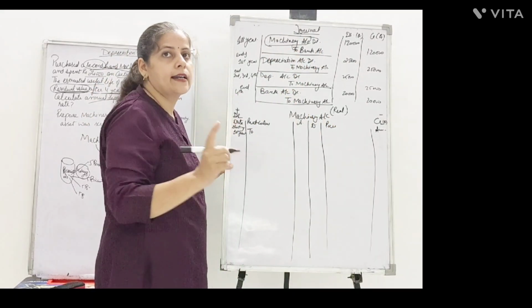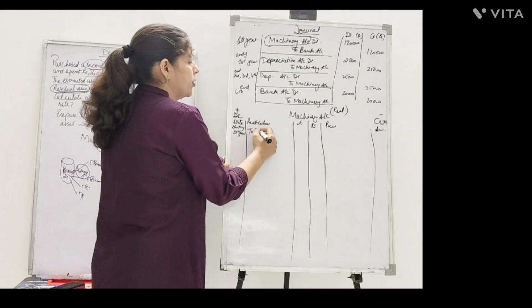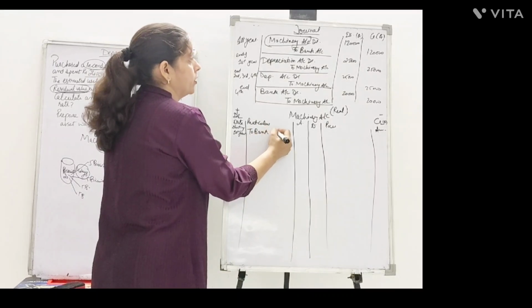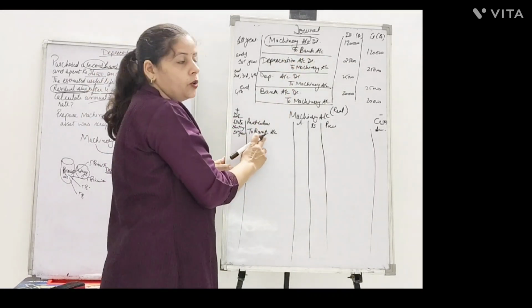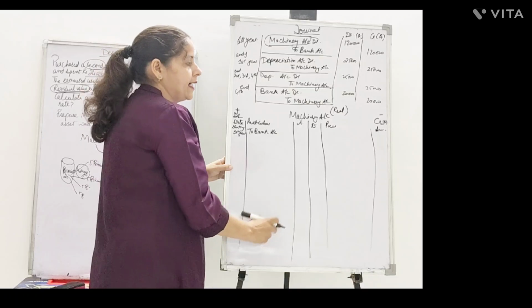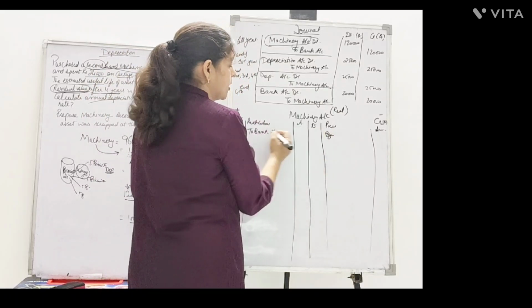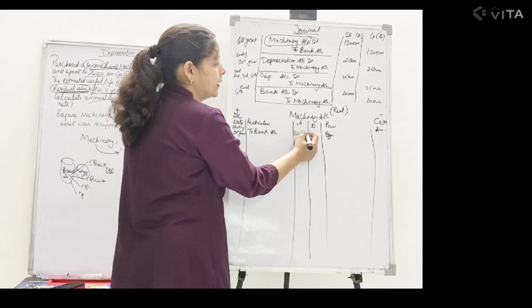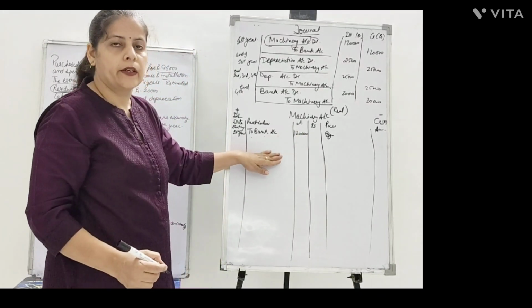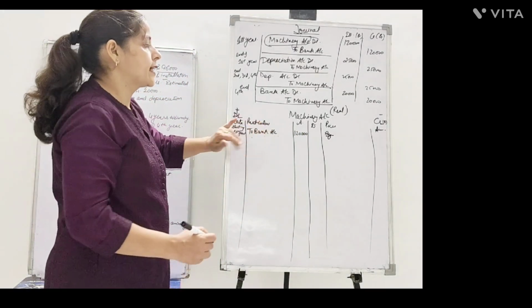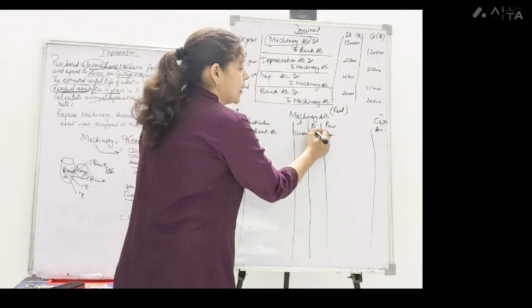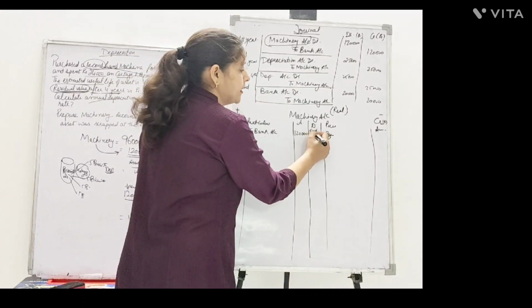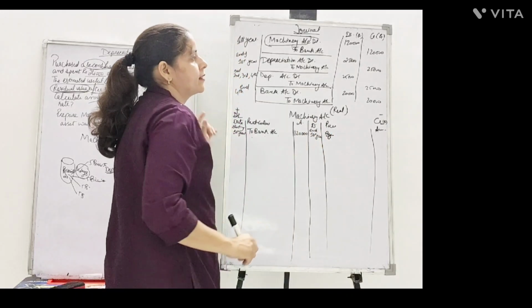We won't write the word machinery, we will write the opposite word, that is bank. So to bank account, this is the 'to' side, this is the buy side. So to bank account 1,20,000 goes here, right?